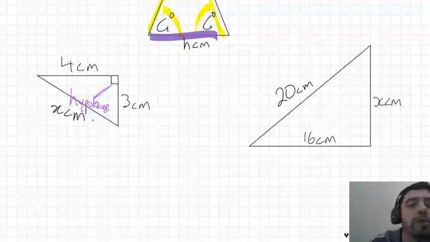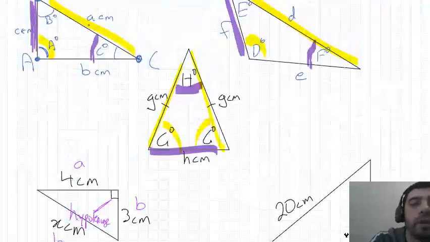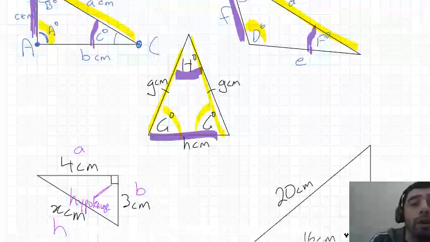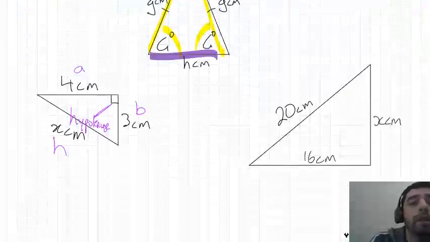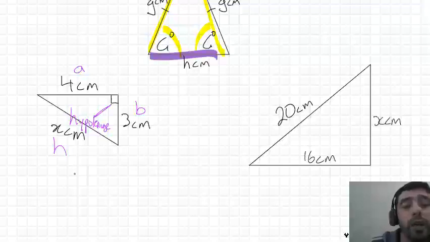The hypotenuse, which we can call h, and the other two sides which we'll call a and b. Now some formulas use c for this, like I did up here, but I think it's easier in that case to call the hypotenuse h, in centimeters.